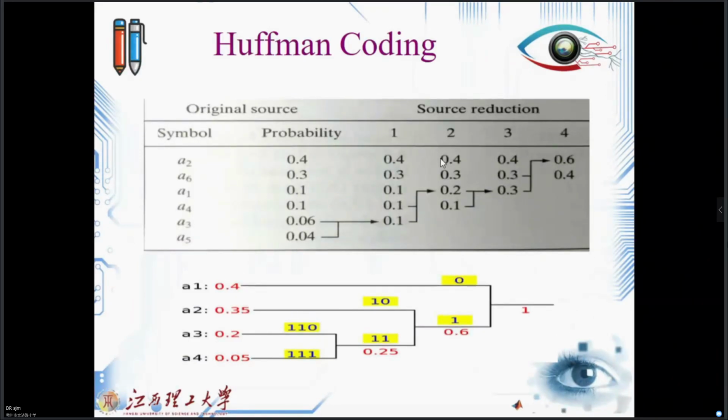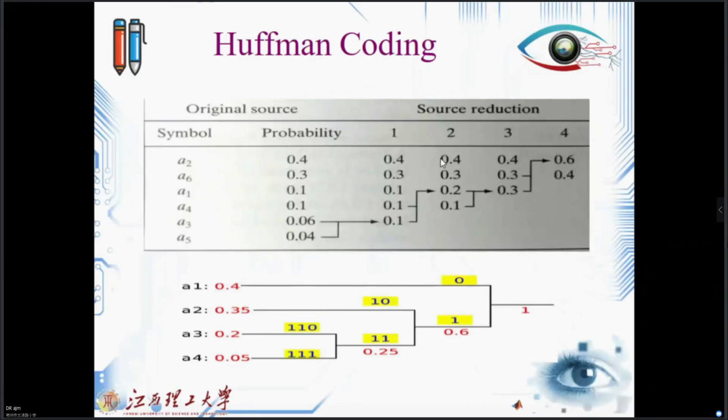Then from that, we can start from A3 and A5 with the source reduction sequence. In the first step, A3 and A5 can be added and it becomes 0.1.